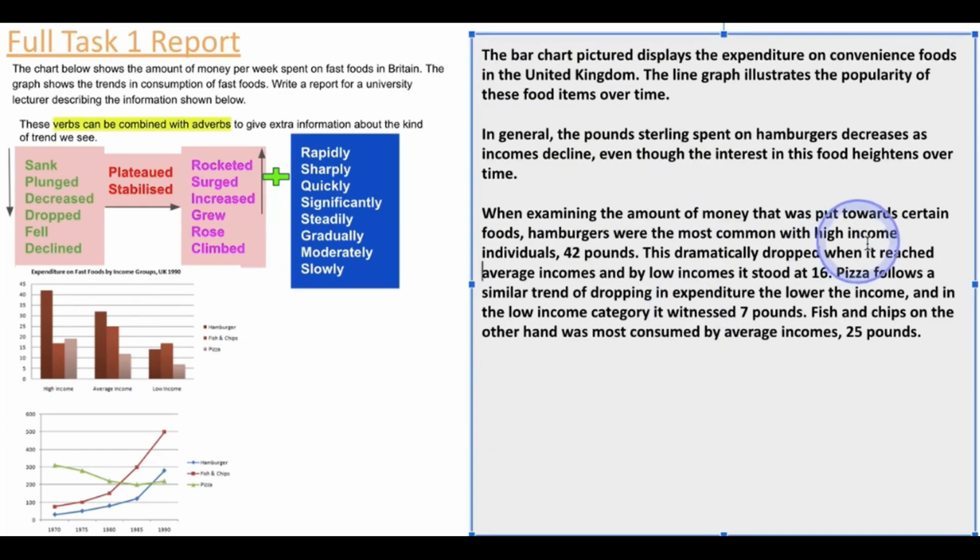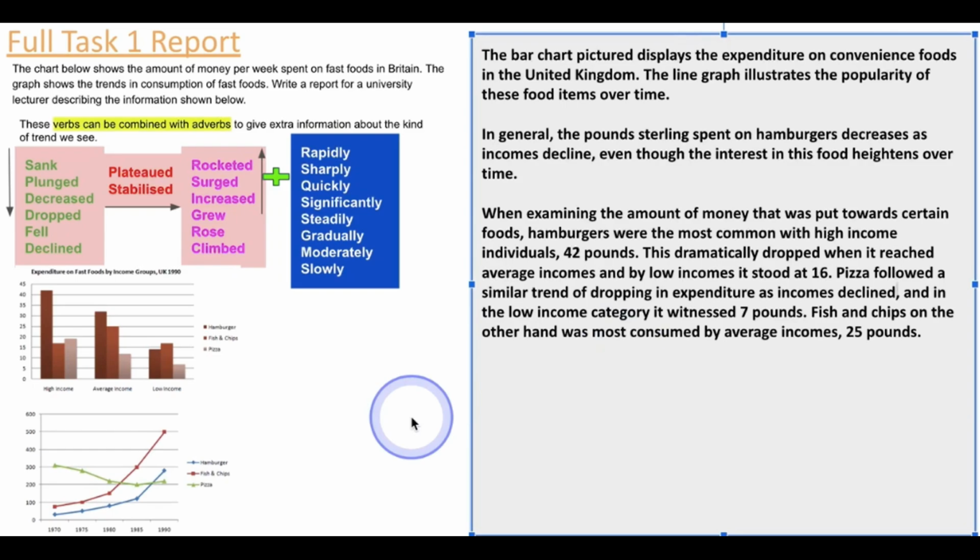Pizza followed a similar trend of dropping in expenditure the lower the income, maybe expenditure as incomes declined, and in the low income category, it witnessed £7.